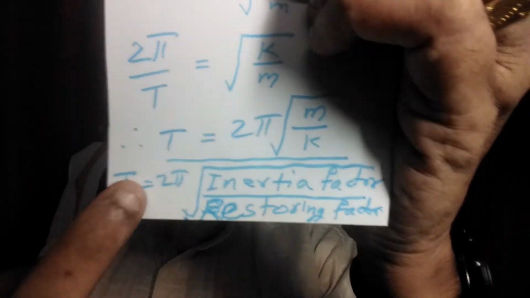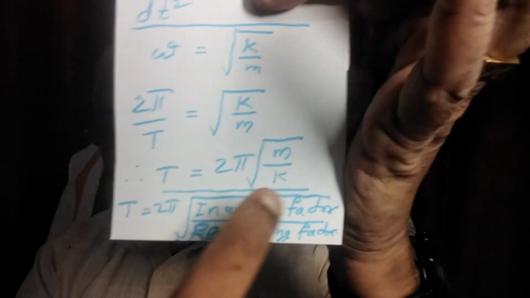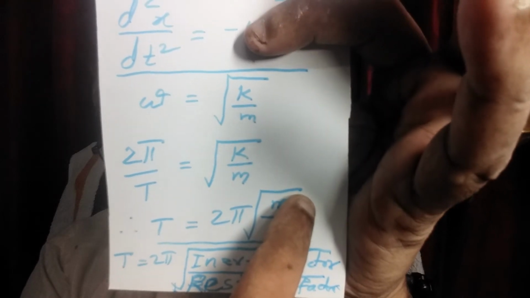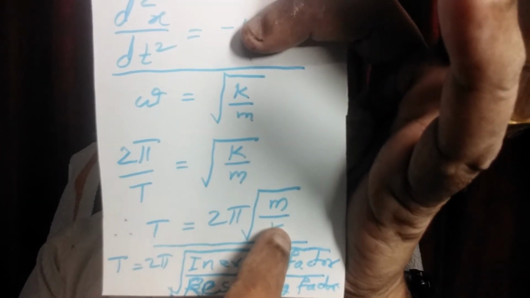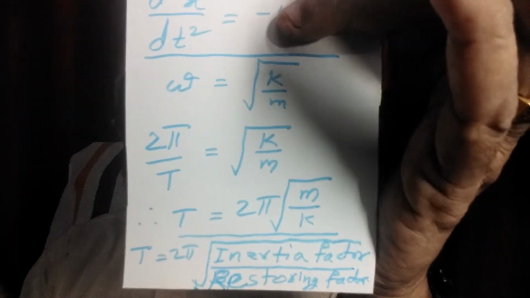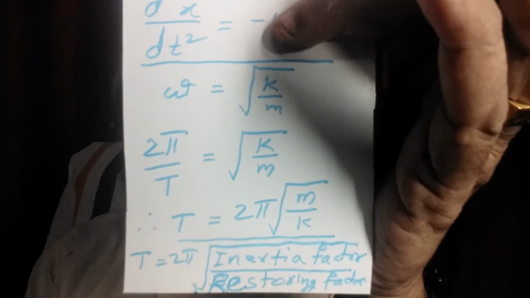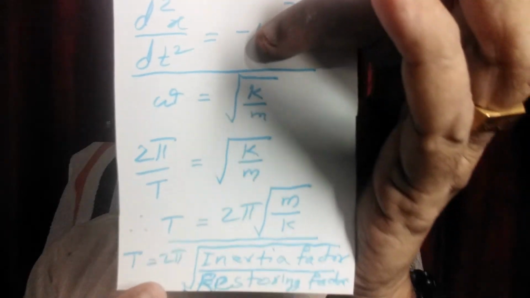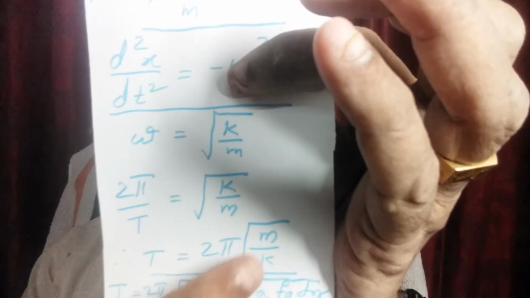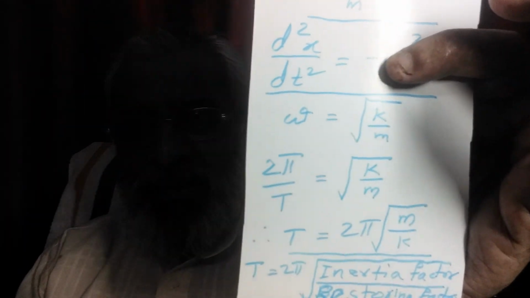Here m is called the inertia factor and k is called the restoring factor. So the general expression for the time period of oscillation in simple harmonic motion is T equals 2 pi root of inertia factor by restoring factor k.